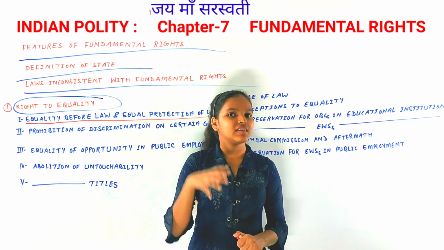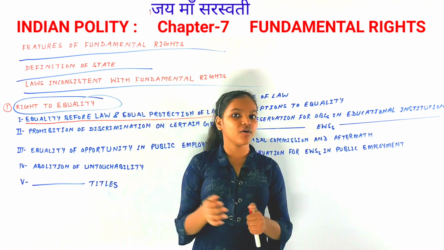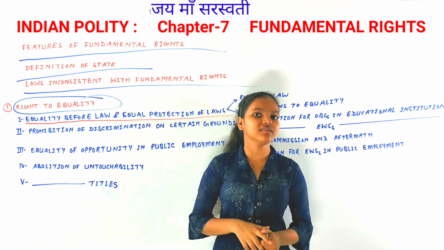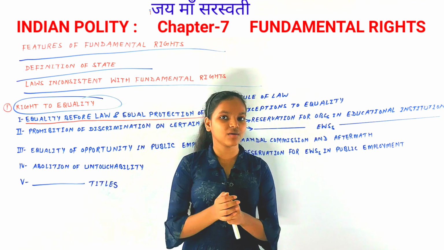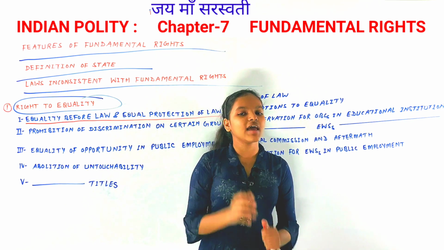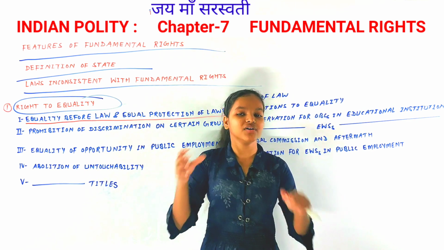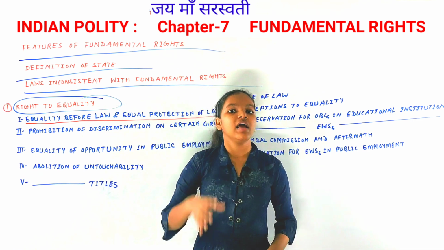Equality before law is a negative concept that says no person is above law, as the subjection of all persons should be equal. Equal protection of law says that like should be treated alike, which is a positive concept, and they are meant for the same thing.